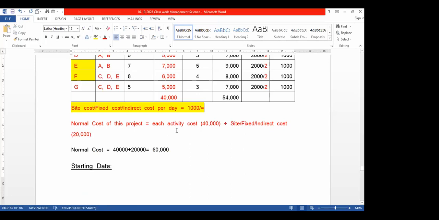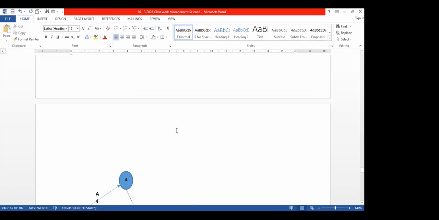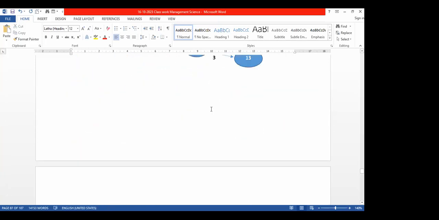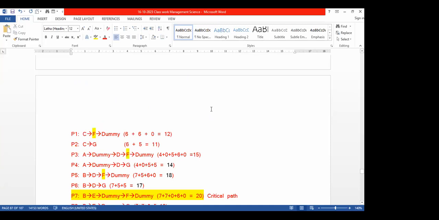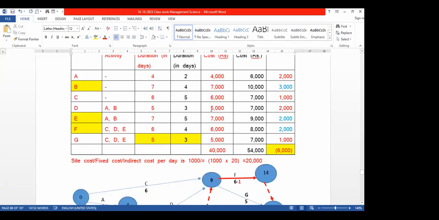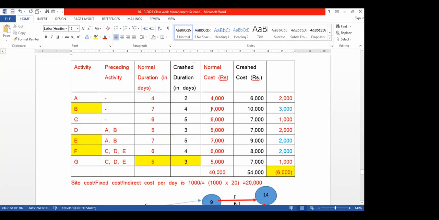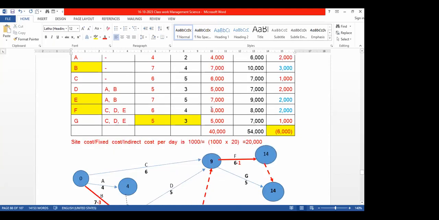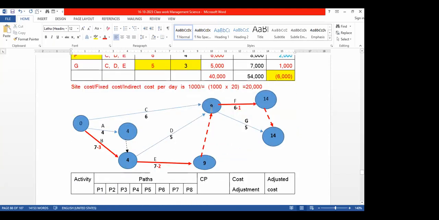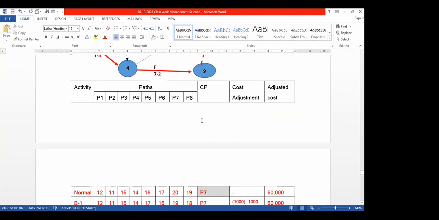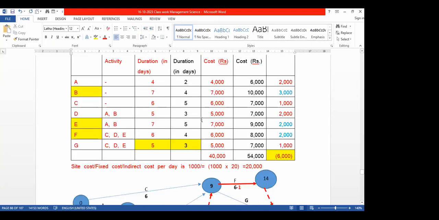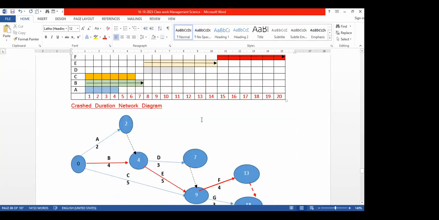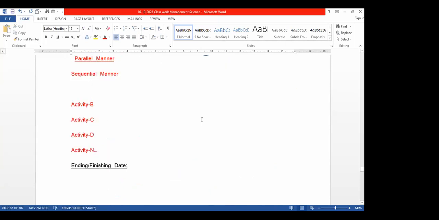Now you see these non-critical activities. So what are the non-critical activities in the project?